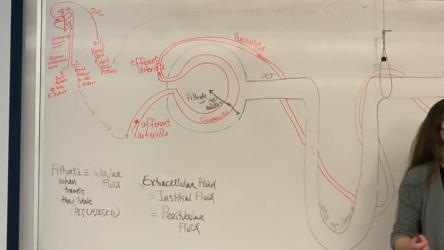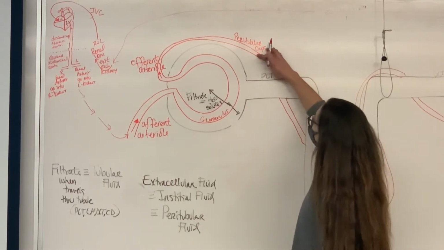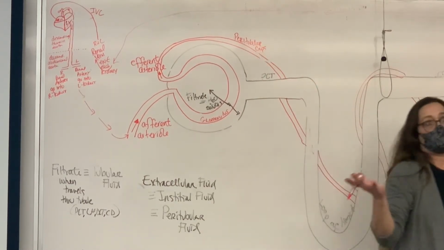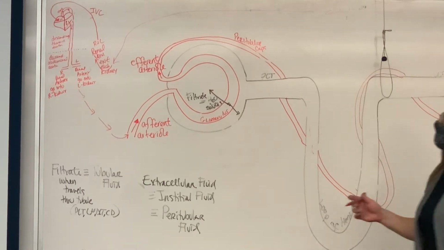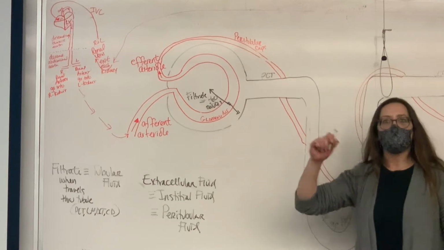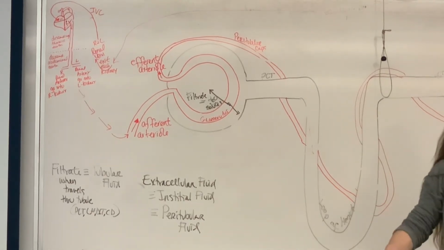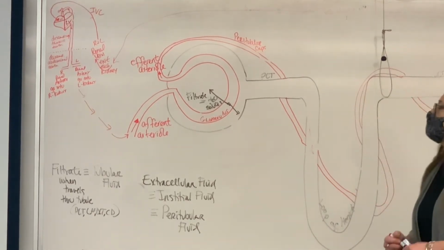Blood. What's in the glomerulus? Blood. What's in the peritubular capillaries? Blood. What's in your venule? Blood. What does that blood consist of? Water, solutes, cells, proteins.